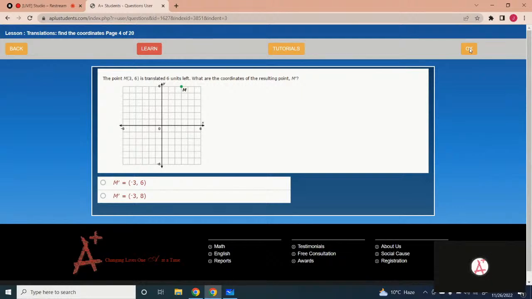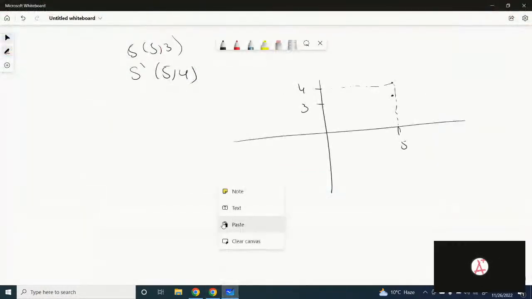Which option is the correct one? 6 units left. That means you have to subtract 6 from the x value. So it would be 3 minus 6 is -3.